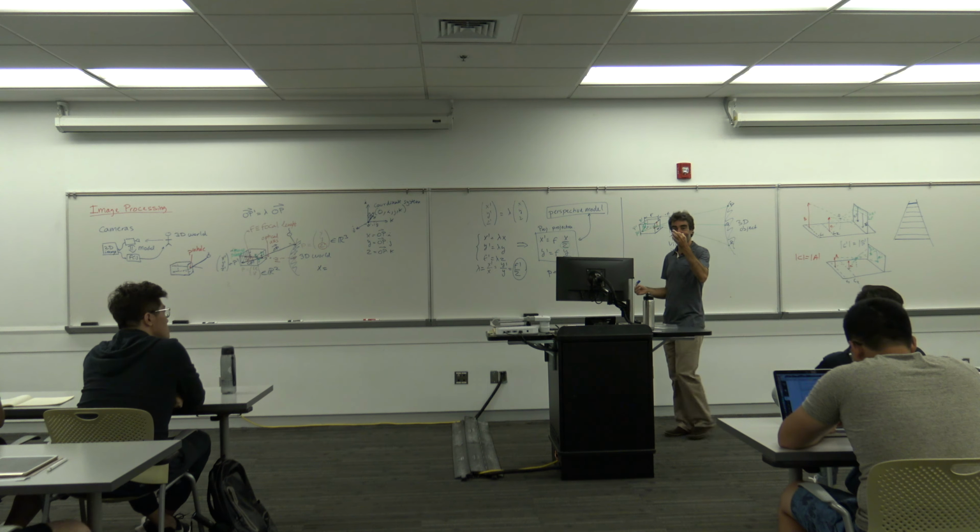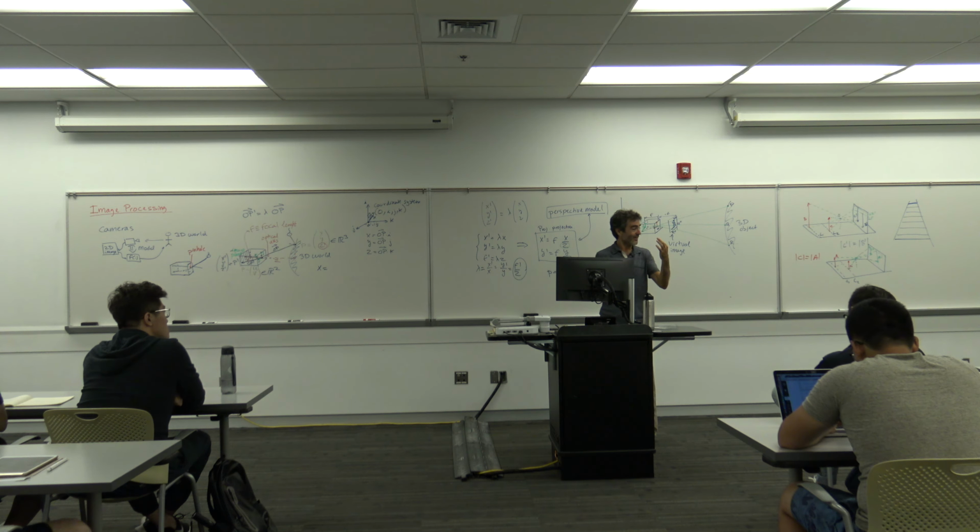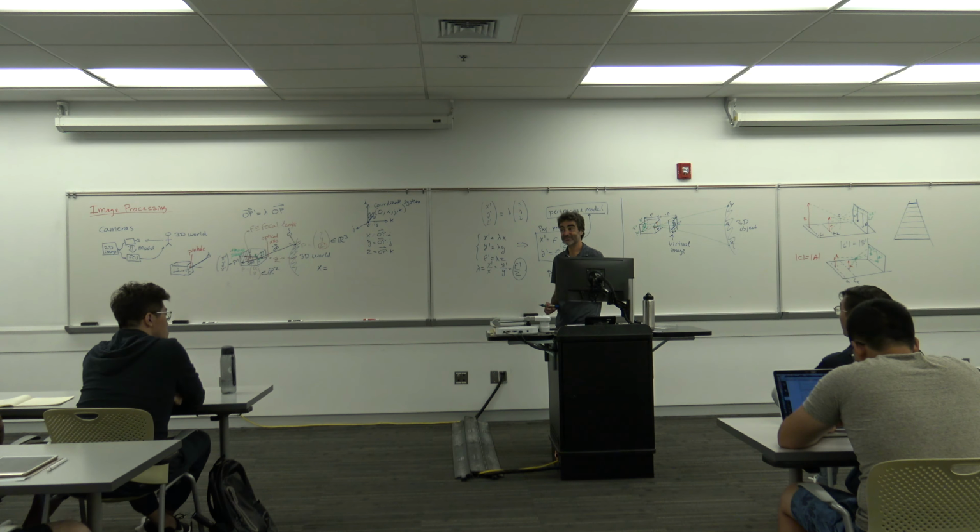So this is a very important observation. Parallel lines in the 3D world are not parallel in the image plane, or they don't need to be parallel in the image plane. Although they are, we'll get to that, right? But you may think that they're really not. Okay.